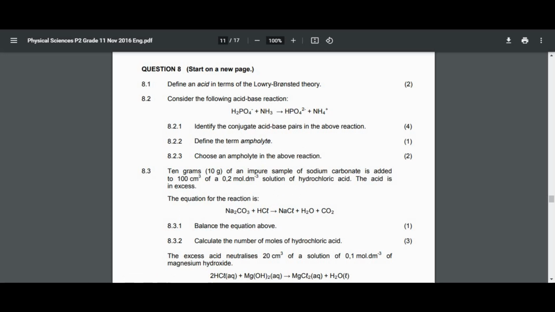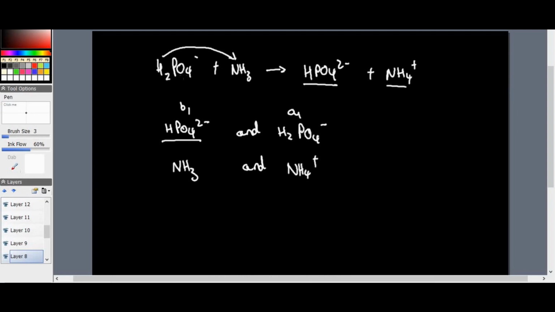In the above reaction, H2PO4 minus can act as an acid or base. It can still accept a proton, but it can also still donate more protons, 2 to be exact.